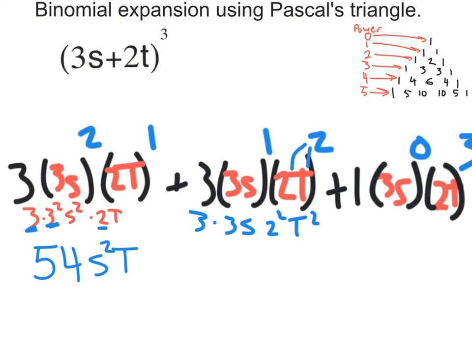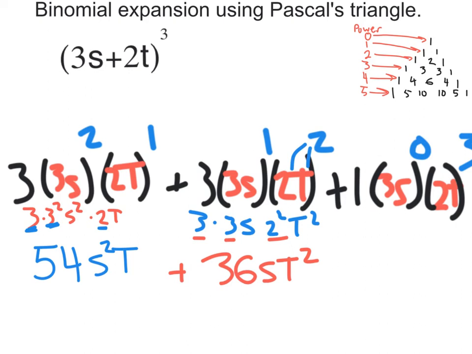And of course, we need to continue simplifying: 3 times 3 times 4, because 2 squared is 4. So that's 9 times 4, which is 36. So you're going to get 36 s t squared. That is positive 36 s t squared.